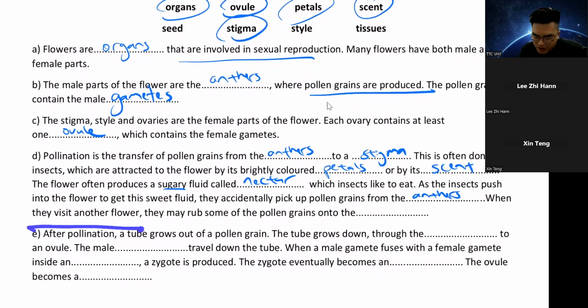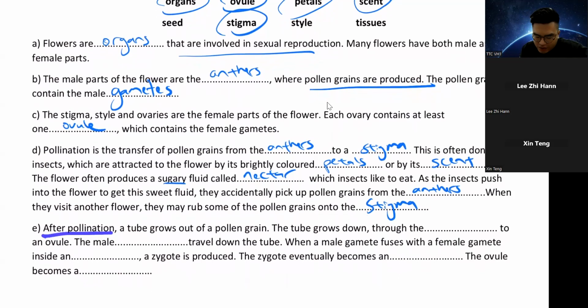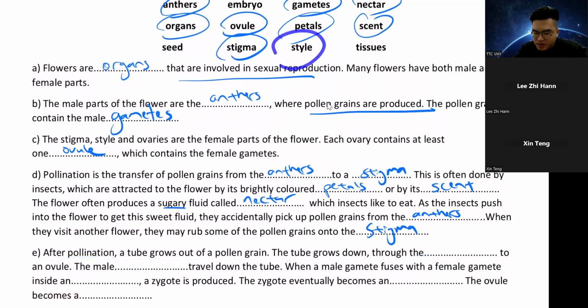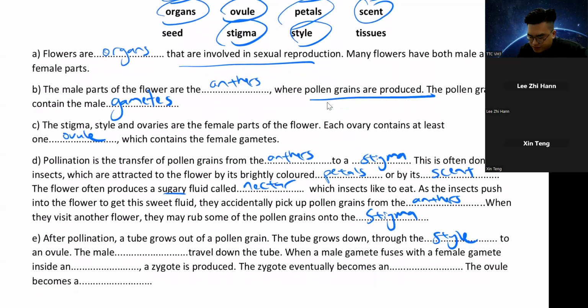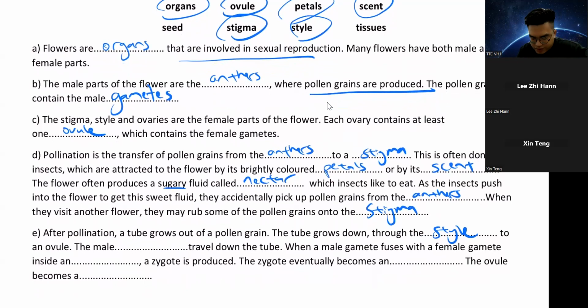When they visit another flower, they may rub some of the pollen grains onto the stigma. They will transfer it to the stigma. E, after pollination, a tube grows out of a pollen grain. The tube grows down through the style, that's the stick of the female, to an ovule.